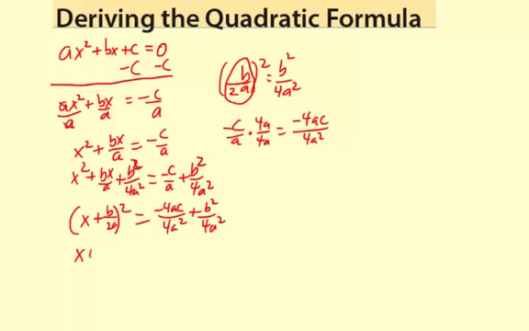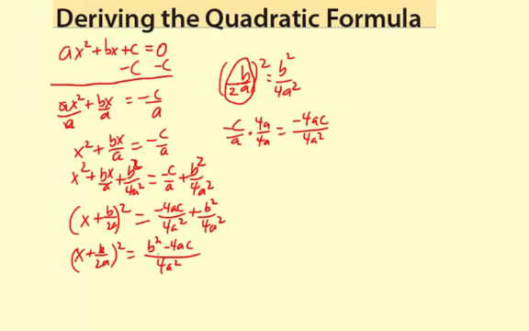So x plus b over 2a, squared, equals b squared minus 4ac all over 4a squared. So I switched the order, and I also combined because we have the common denominator. Now this b squared minus 4ac, hey, that's part of the quadratic formula right there. That's called the discriminant. So we're getting close.